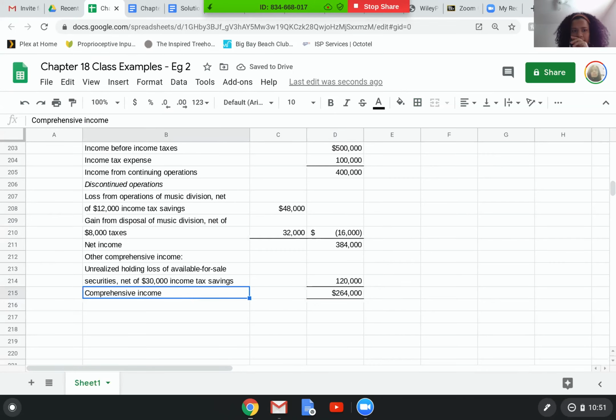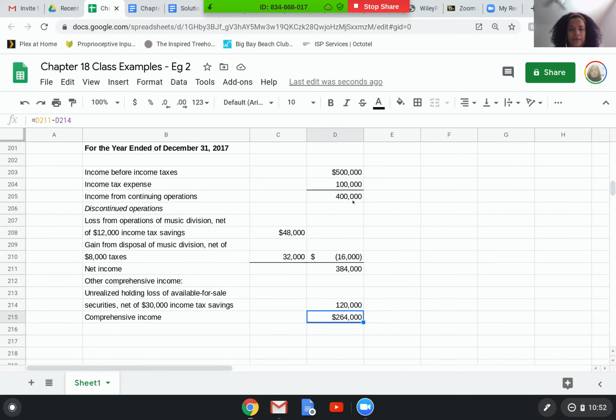So someone looking at this whole situation might have looked at something like 264 and say, oh, that's what this company can generate. But then you would be ignoring the fact that this discontinued operation, or even looking at net income, it looks like your net income is 384,000, but in fact the income that you're able to sustain from your continuing operations is going to be this 400,000.